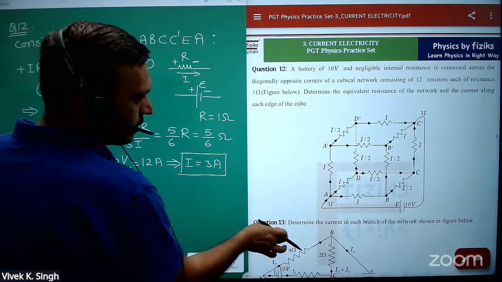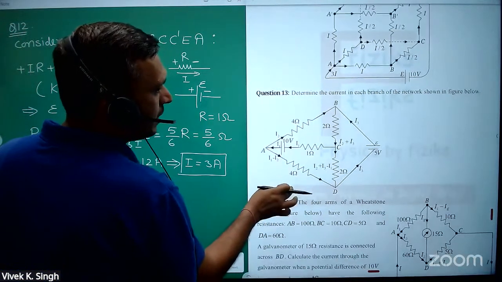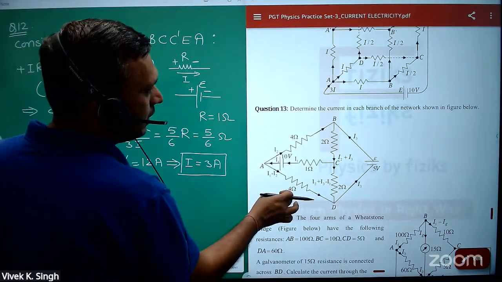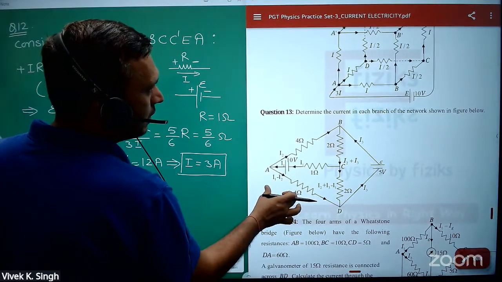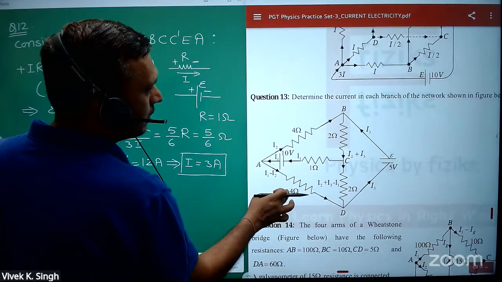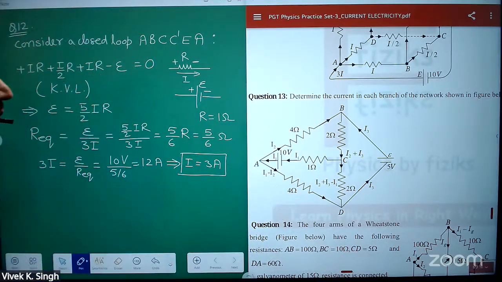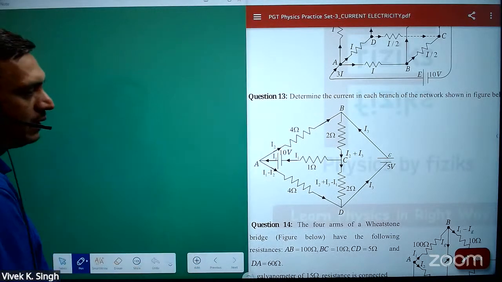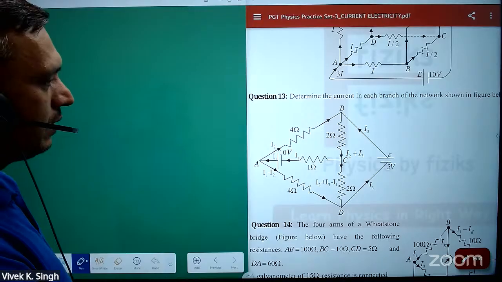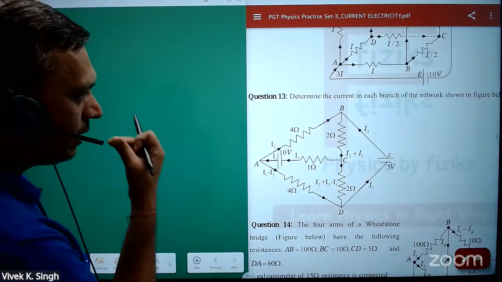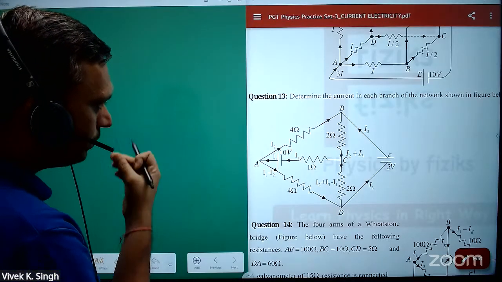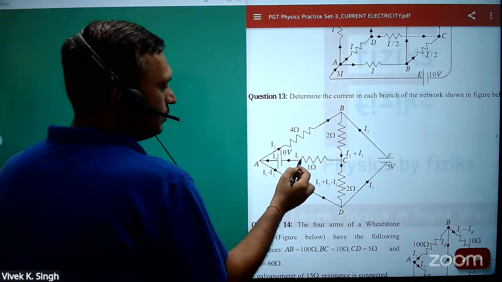Now see the next question. Again, it's based on KVL and KCL. Let's see this particular question. Determine the current in each branch of the network as shown in the figure below. In this figure, let's assume this current is I1.